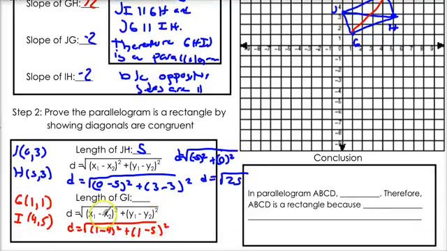All right, so let's see what we get here. So this is going to be (-3) squared, since 1 minus 4 is -3, plus 1 minus 5 is -4.